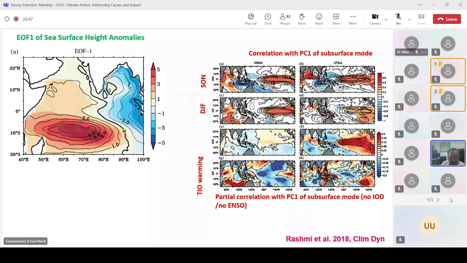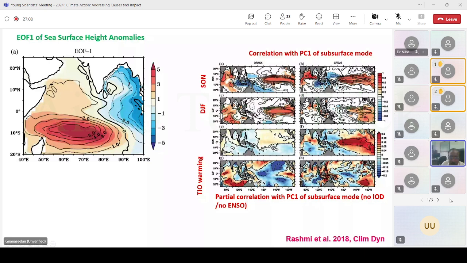But here, we took the subsurface PC and regressed it with the SST pattern, and it's a partial regression or partial correlation with no ENSO. Even when the ENSO signals are removed, you will get a basin-wide warming.